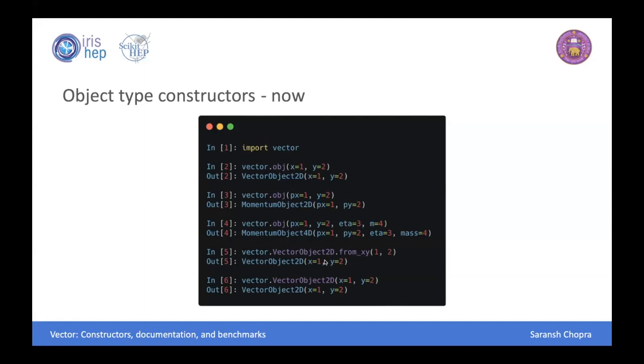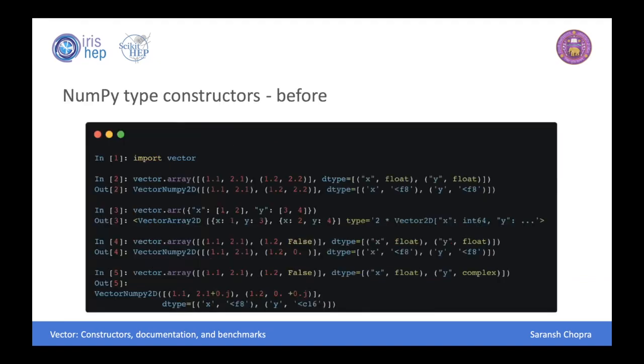Additionally, you can also pass in the coordinate names and the coordinate values directly into vector object classes, or any vector classes. So the dunder init method now works as it should have before. So that was a quality of life improvement inside vector.